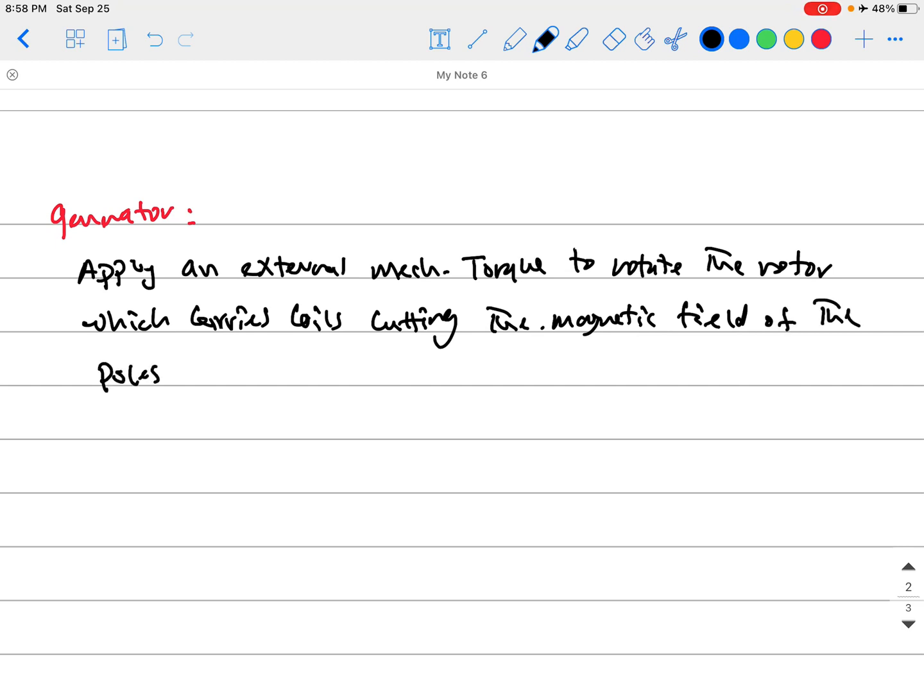And that's actually all the conditions we need to get a generated voltage, because that's a generator. So voltage is induced in the coils, and now you have generated voltage.